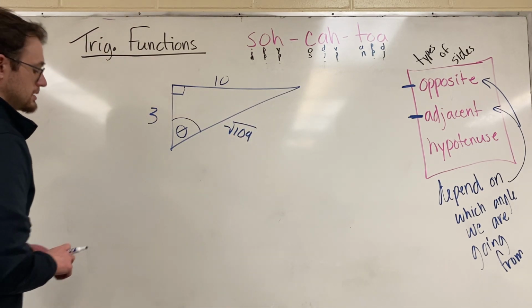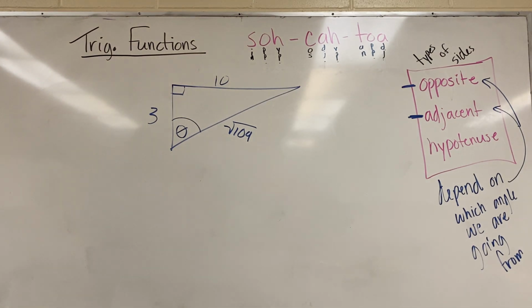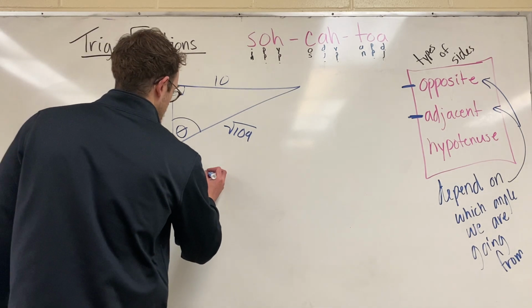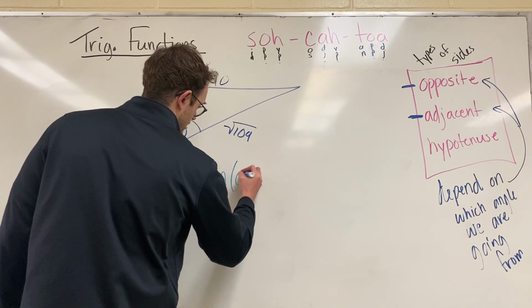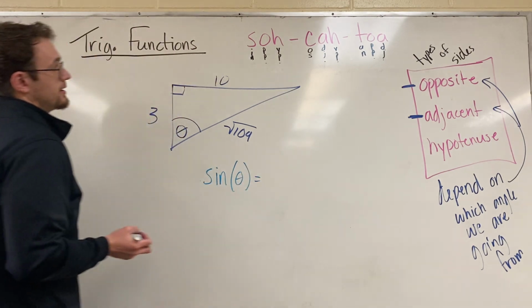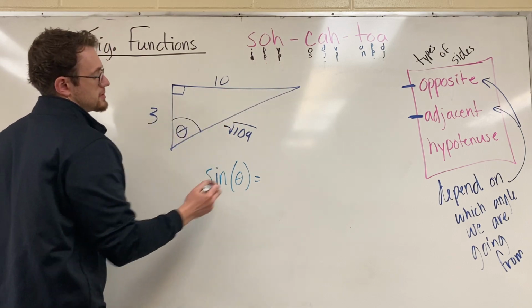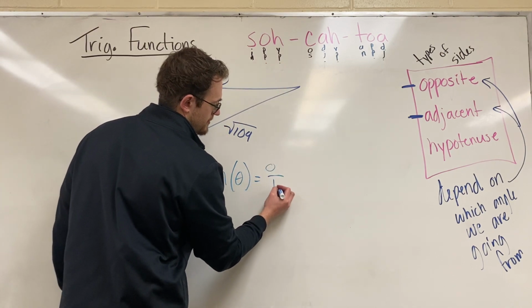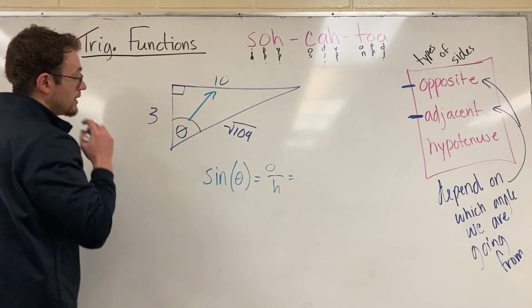Okay, so let's grab a different color. So we're gonna talk about sine of theta, sine, opposite over hypotenuse. So that equals opposite over hypotenuse.